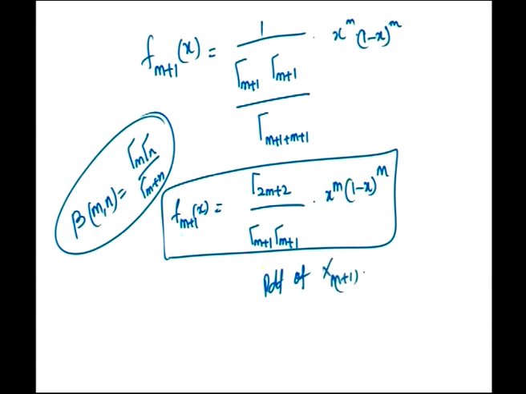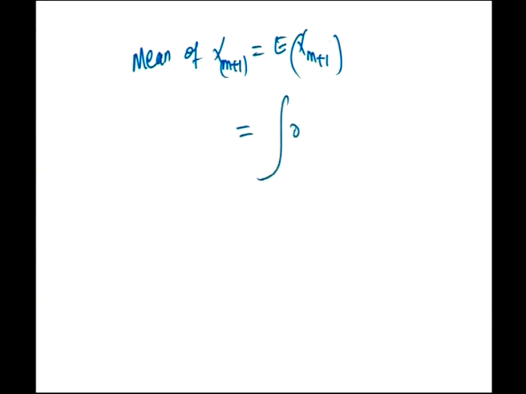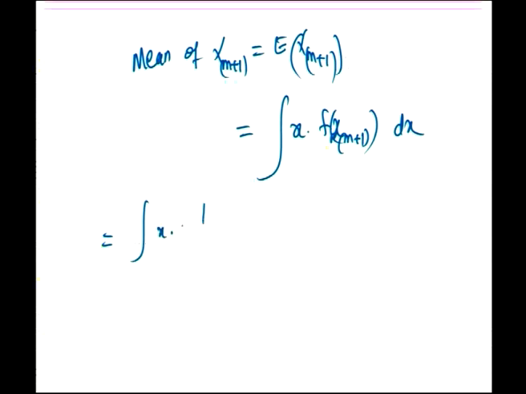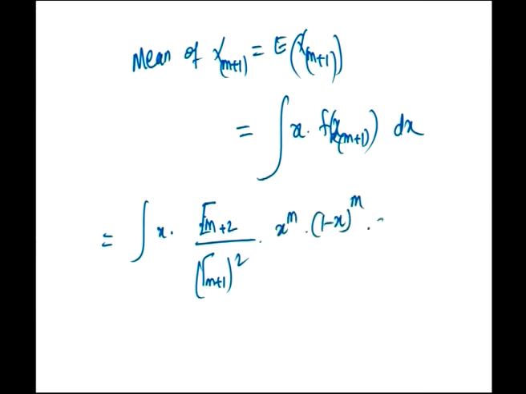Now, the mean of x m plus 1 observation is expectation of x m plus 1, according to the formula, is integral of x into f of x m plus 1 dx, and this is equal to integration of x into gamma 2m plus 2 by (gamma m plus 1) whole square into x power m into (1 minus x) whole power m dx, and the limits are from x is equal to 0 to x is equal to 1 because of the uniform distribution.